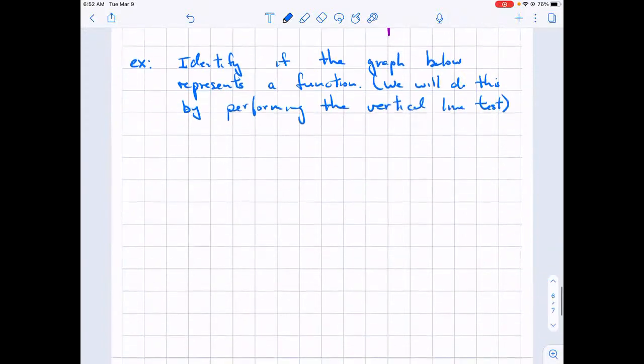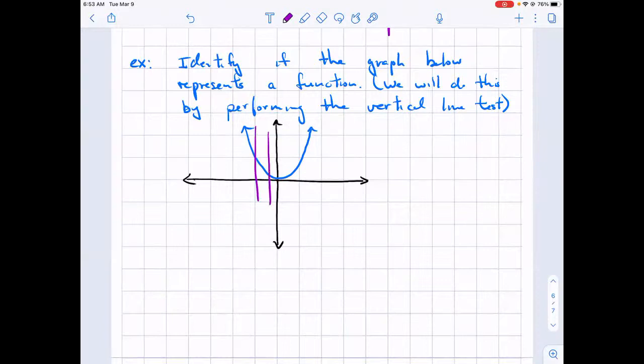Okay. So the first one we'll look at is one that we did above. It's the parabola. If we draw vertical lines on the graph, then this is a function, right? Only hit once. So yes, this is a function.